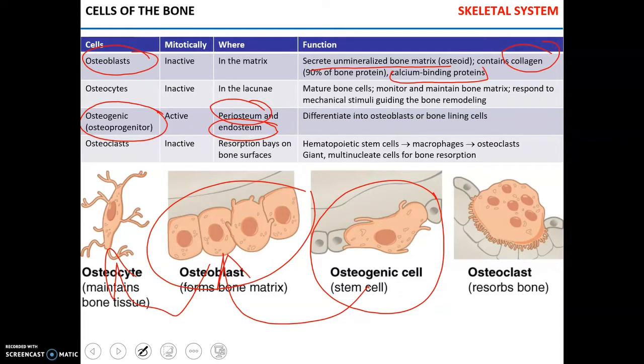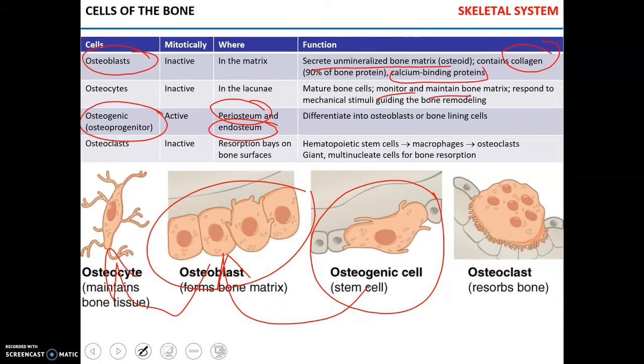They do not divide. They do not produce bone matrix, but rather maintain and monitor it. They also are critical in guiding bone remodeling, since osteocytes can respond to mechanical stimuli and guide other bone cells during the process of the remodeling of the bone.